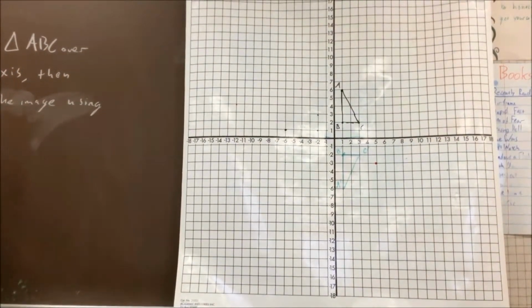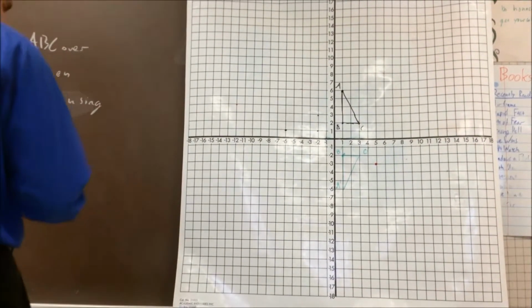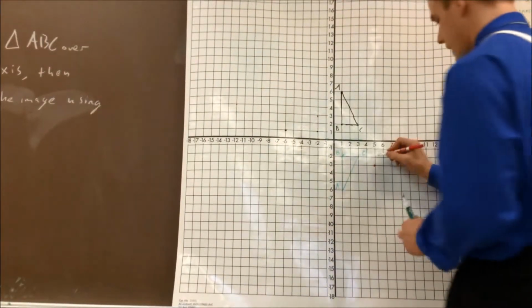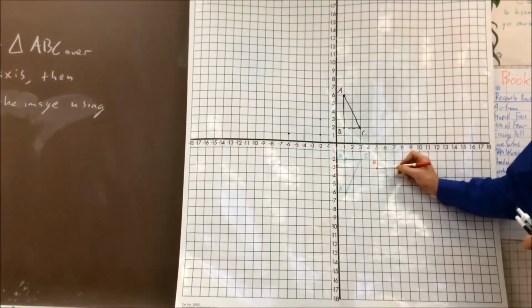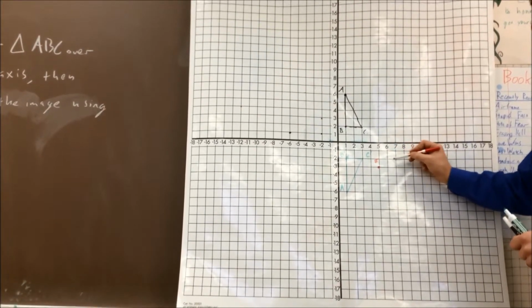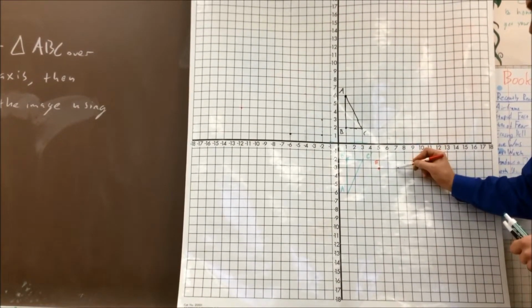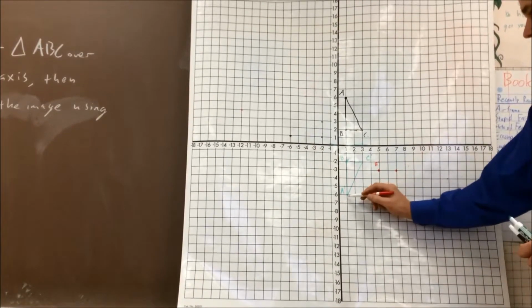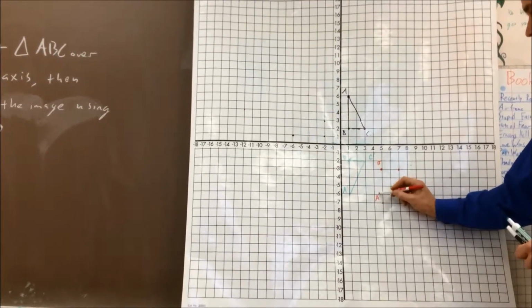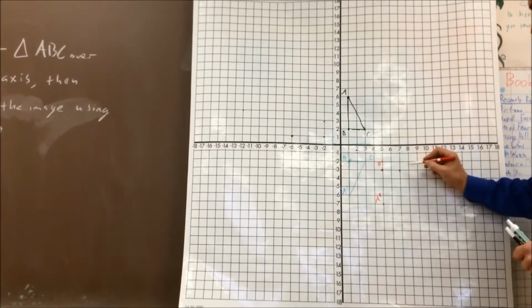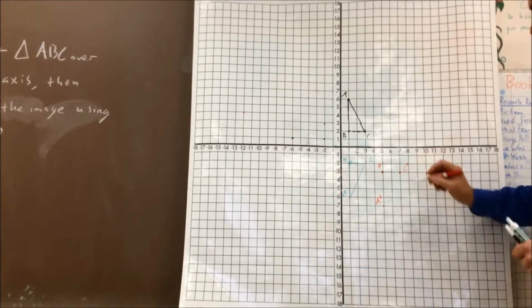That would be the X, that would be the Y. Over 4, down 1. That's B prime. And C prime, 1, 2, 3, 4. Down 1. So B double prime, C double prime, and A double prime.